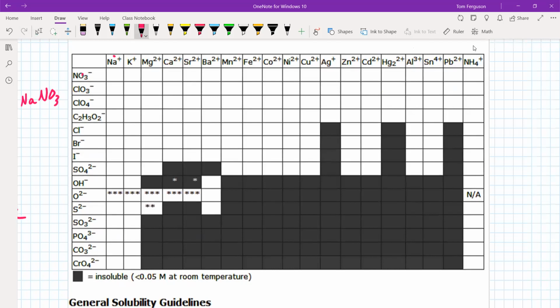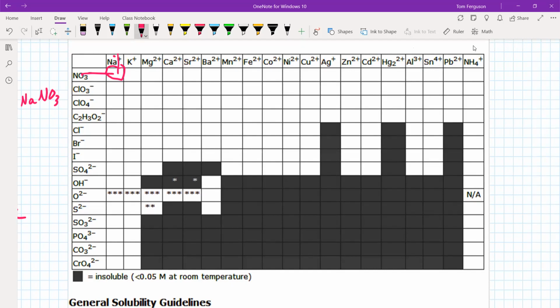Well, is that going to be a solid or is it going to not do anything? Fingers. So we're going to start here with 1 finger and the other finger is going to go here. And that's where they're going to meet. Is that white or black? It's white. That means it's not going to form a solid. It means it's going to remain clear. So sodium nitrate is going to be clear.